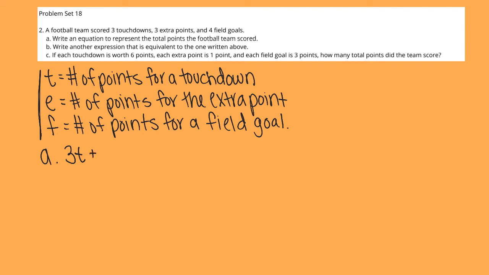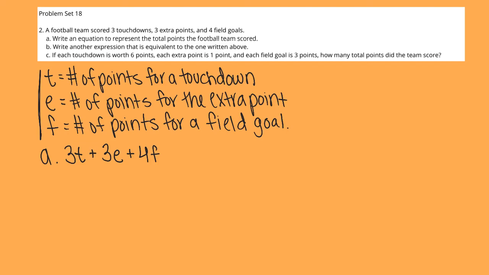Plus, how many extra points did the team get? Well, they got 3 extra points. So we're using E for the value of their extra points. Plus 4 field goals. So I'm going to have 4F, representing that I have 4 field goals, and F is going to represent my amount of points.